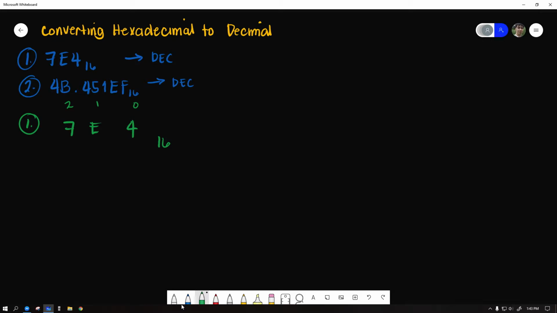We could write this positional notation as equal to 7 times the radix, and then the exponent of that digit, or the weight of that digit. So that is 2, plus e. Now you will not be able to write e. Instead, you'll be writing the decimal equivalent of e.